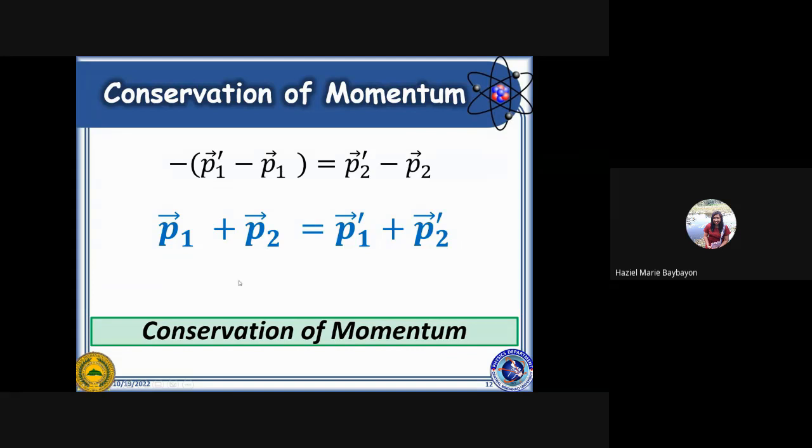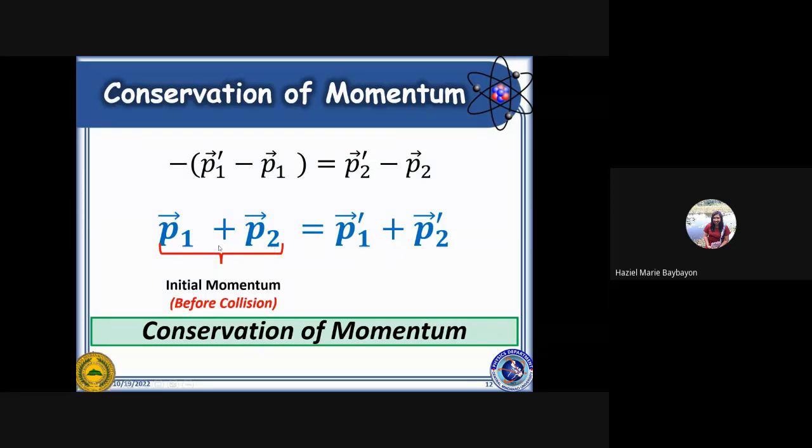So this is exactly the conservation of momentum. If you manipulate this, P1 positive, move P2 over here, it also becomes positive. And then P1 prime and P2 prime go to the right hand side. So you get P1 plus P2 equals P1 prime plus P2 prime.